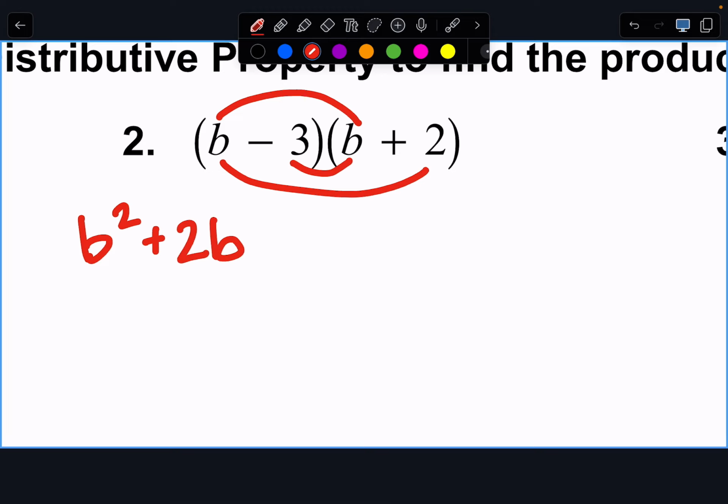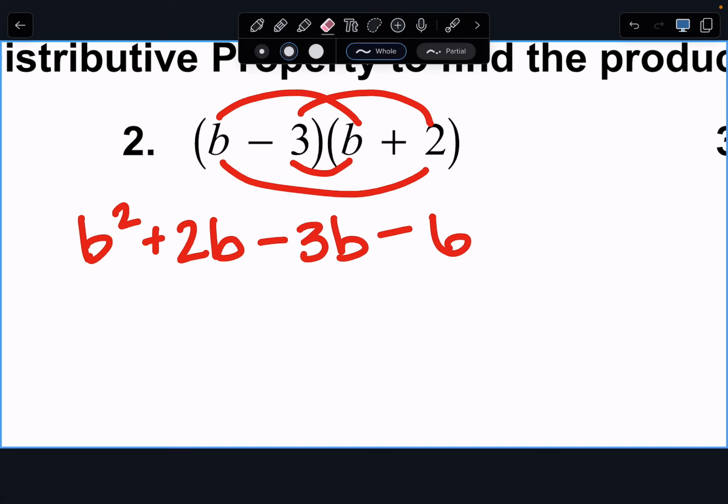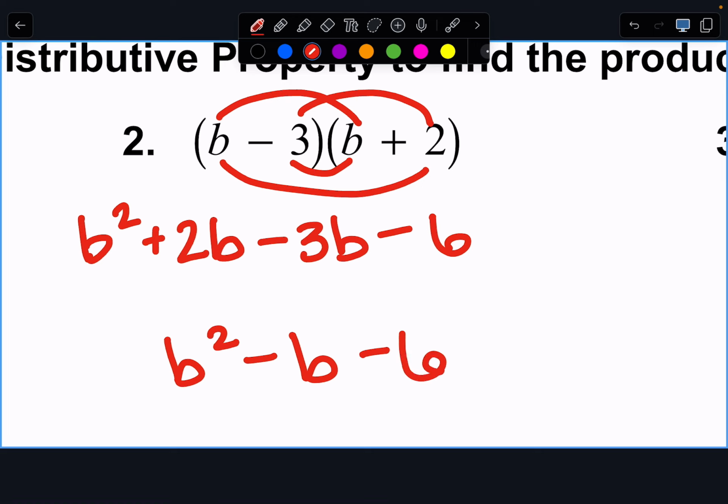Inside, how about minus 3b? Is that okay? Yeah. And then our last product is going to give us minus 6. So I'm going to write our answer as b squared minus b minus 6.